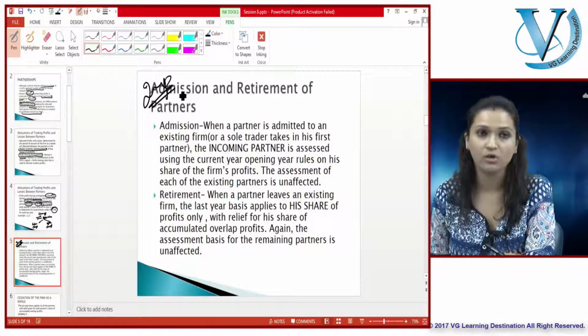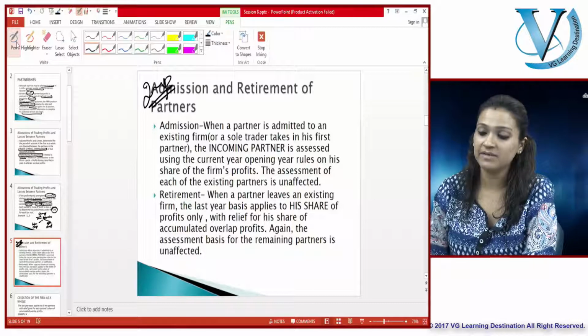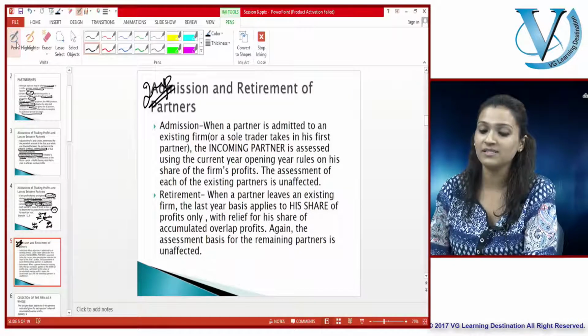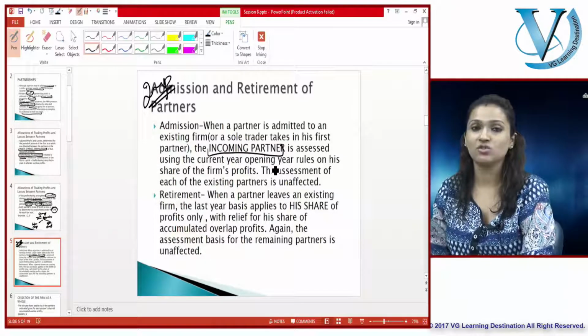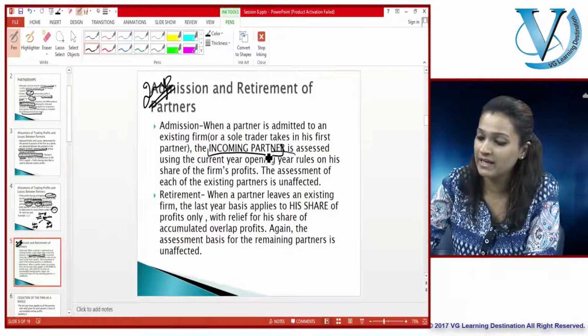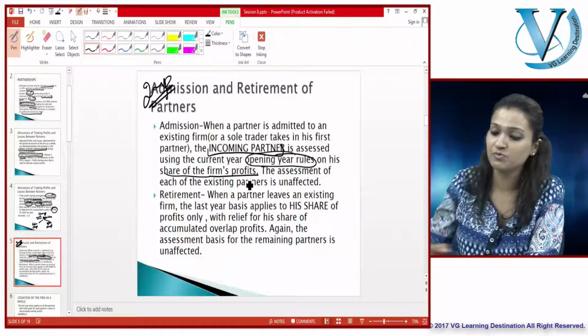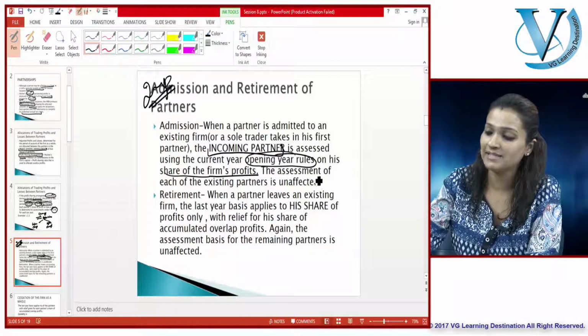So what happens upon admission? Let me grab my pen. When a partner is admitted to an existing firm or a sole trader takes on his first partner, the incoming partner is assessed using the current year opening year rules on his share of the firm's profits. The assessment of each of the existing partners remains unaffected.